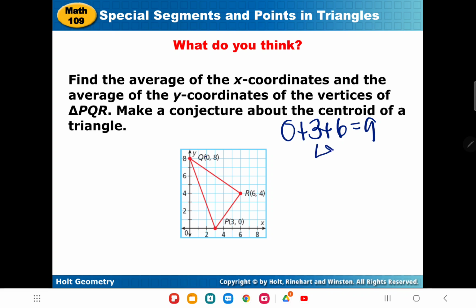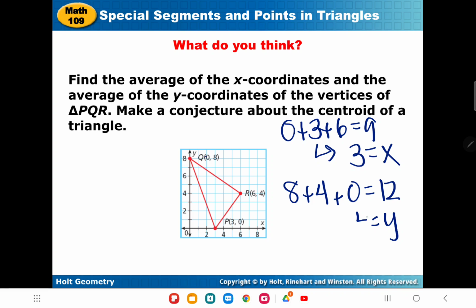Dividing that by 3, we get 3 for our x coordinate. And our y coordinates, 8, 4, and 0, equal 12. Our y coordinate is going to be 4.